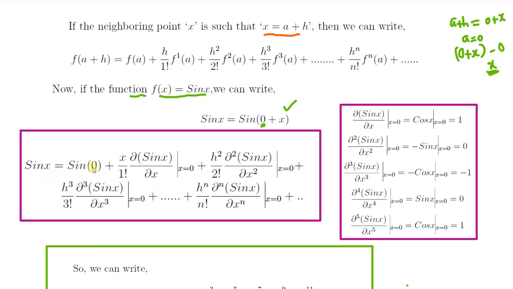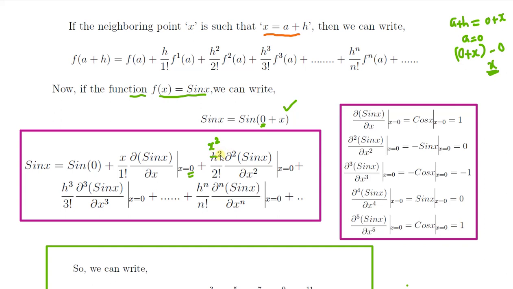Here sin x is equal to sin 0 plus, what is h here? Instead of h you have to put x. x by 1 factorial into dou by dou x of sin x at x is equal to 0 plus x squared by 2 factorial, there was a mistake earlier. x squared by 2 factorial into dou squared by dou x squared of sin x at x is equal to 0 plus, what comes in the place of h here?